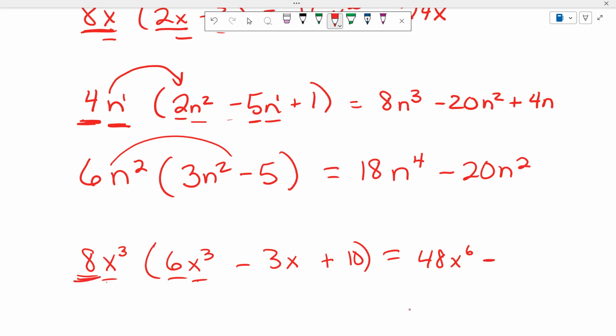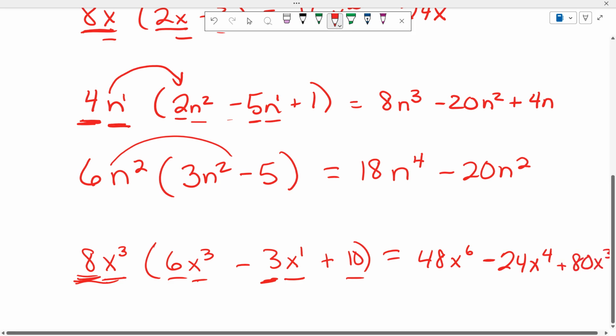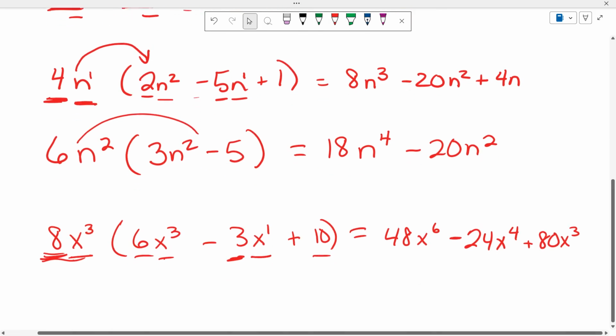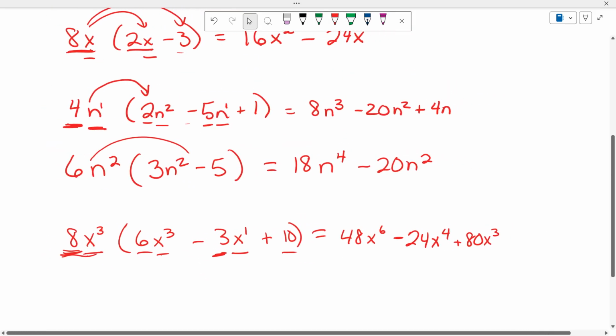Then you take 8 times 3, which is 24. X to the third times x. This is x to the 1. 3 plus 1 is 4. 8x to the third times 10. 8 times 10 is 80, and then x to the third. Okay? So that's what we're doing today.